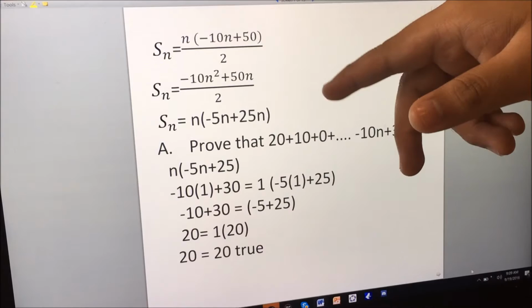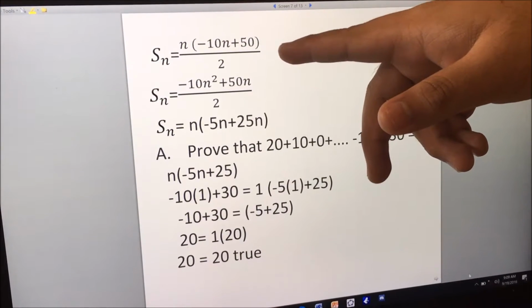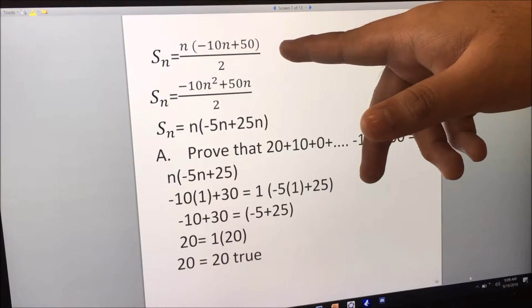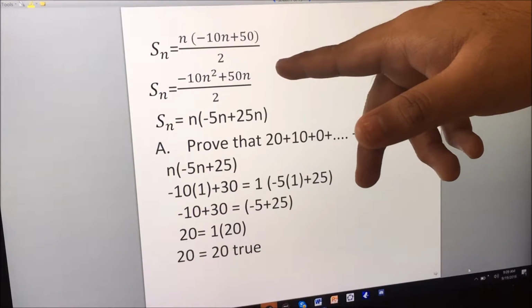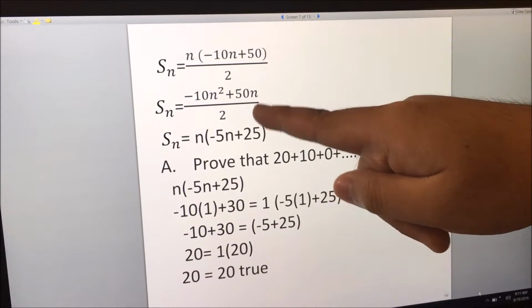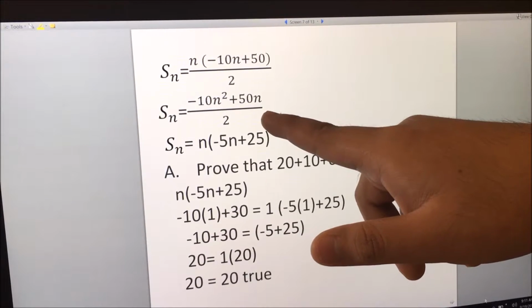Then we find the common numbers and perform said operation on them, and we end up with n times the quantity negative 10n plus 50, over 2. Once we distribute n, we end up with negative 10n squared plus 50n over 2.